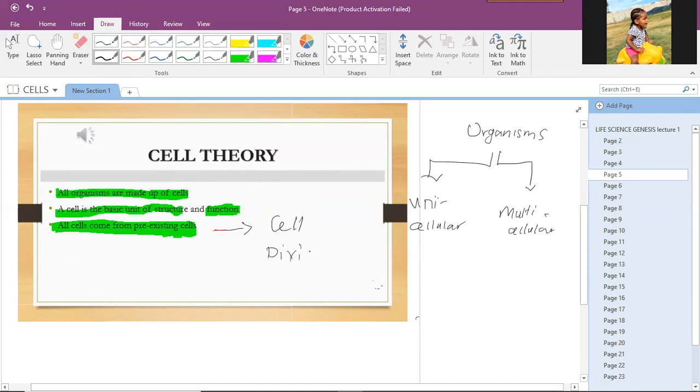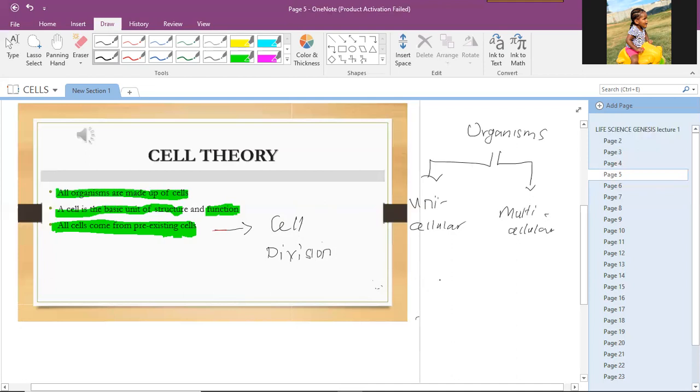We are actually going to do genetics at the end, and we are also going to do cell division. Although questions don't come as such under cell division, you have to know it, because if you want to understand genetics and genes and the units of inheritance, cell division has to take place.